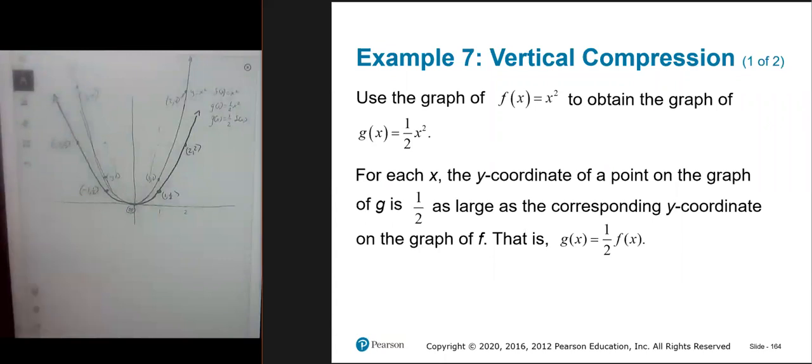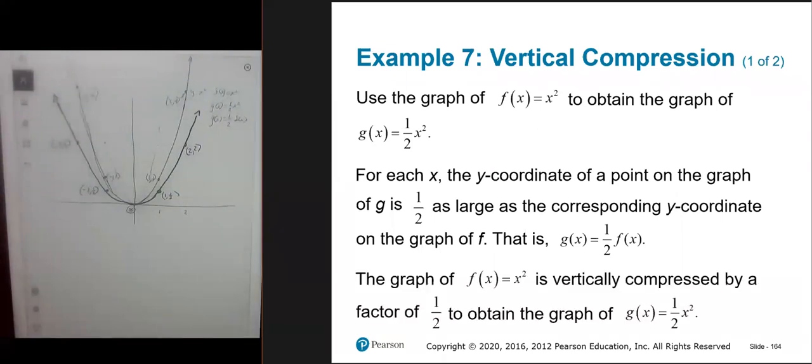Okay, so each y coordinate of the point of the graph of g is 1/2 as large as the corresponding y coordinate of the graph of f. So that's what I did here. So the graph of f is vertically compressed by a factor of 1/2 to obtain the graph of g.